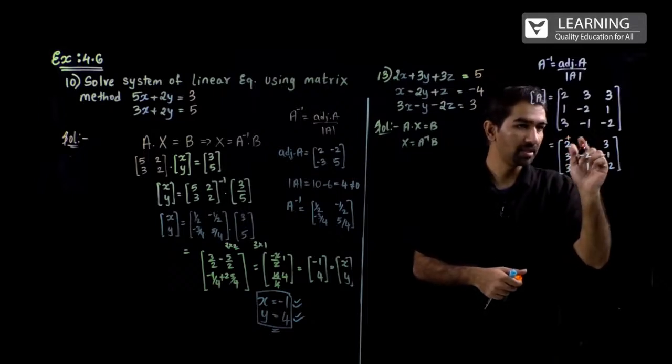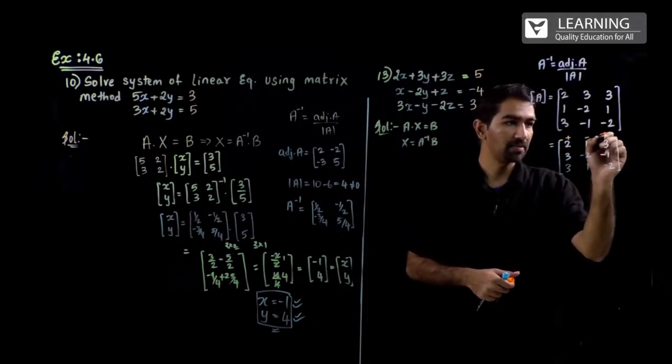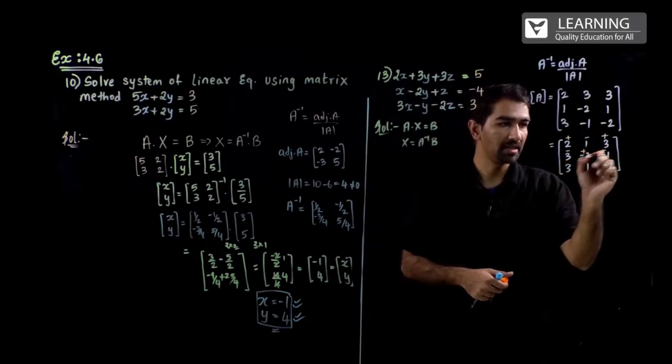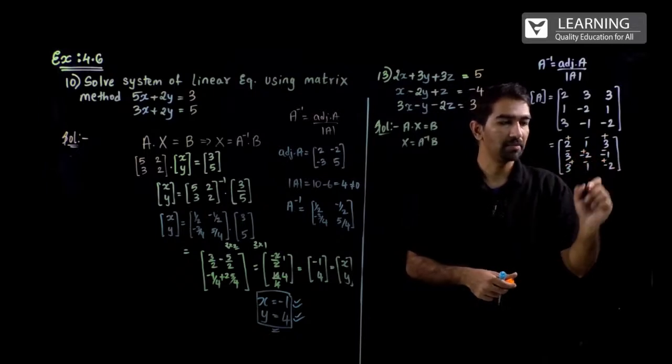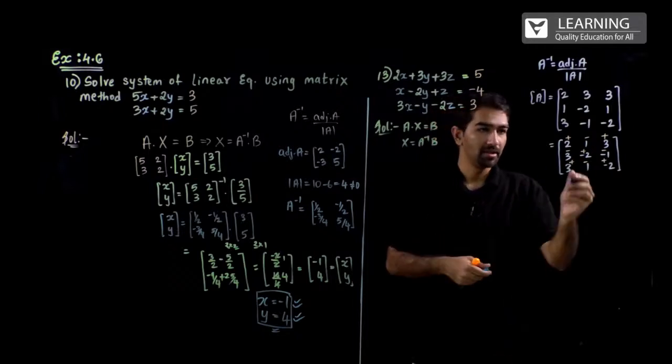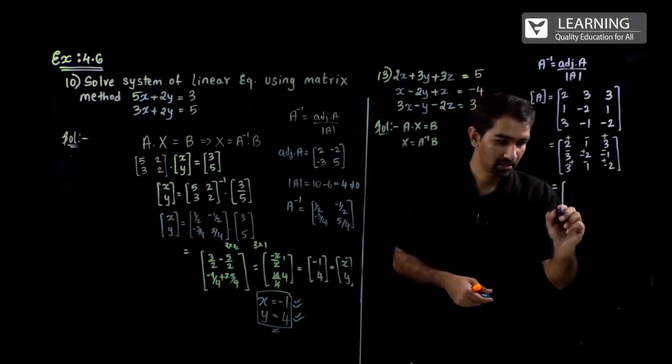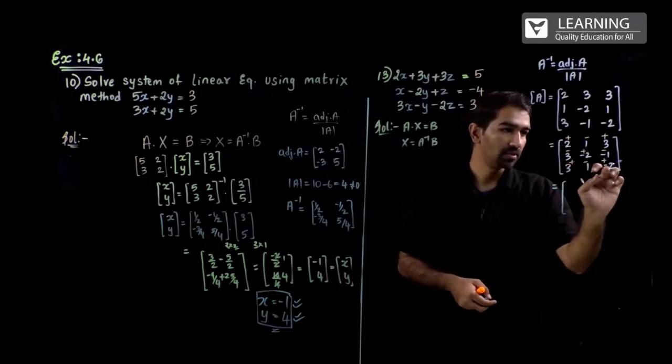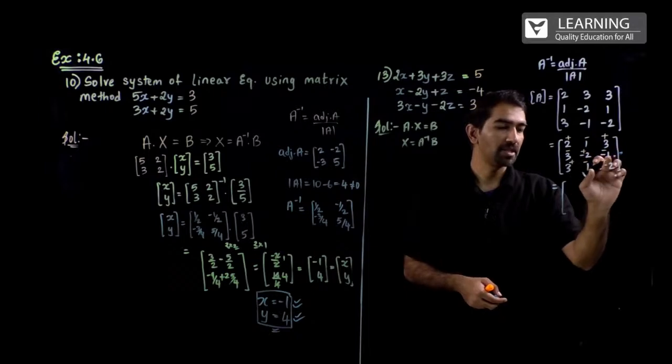So to find the minors, we have to know the cofactors. So plus, minus, plus, minus, plus, minus, plus, minus and plus again. We are going to find out what now? Minors of this. So what are the minors here? So minor of 2, plus 4, plus 1. So plus 4 plus 1 is 5.